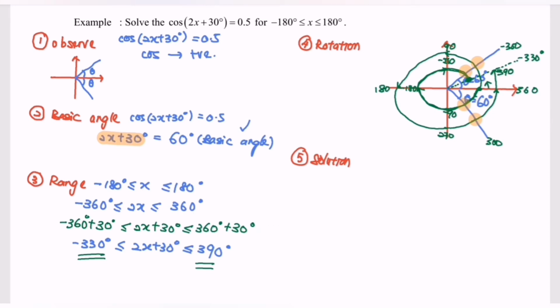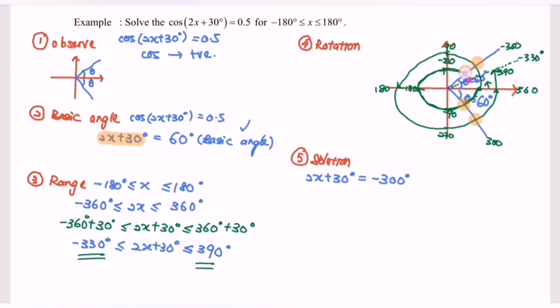Now we are going to follow the rotation. It begins with negative 330, and there is no intersection with the blue line. Next, this one will be the intersection. What is the location of the intersection? The answer would be 2x + 30 equals negative 300.